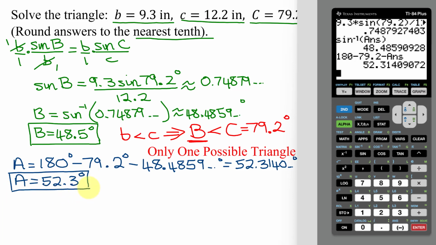Lastly, I need to find side A. I'm going to use the law of sines. Since I'm looking for a side, I'm going to have the side on the top.